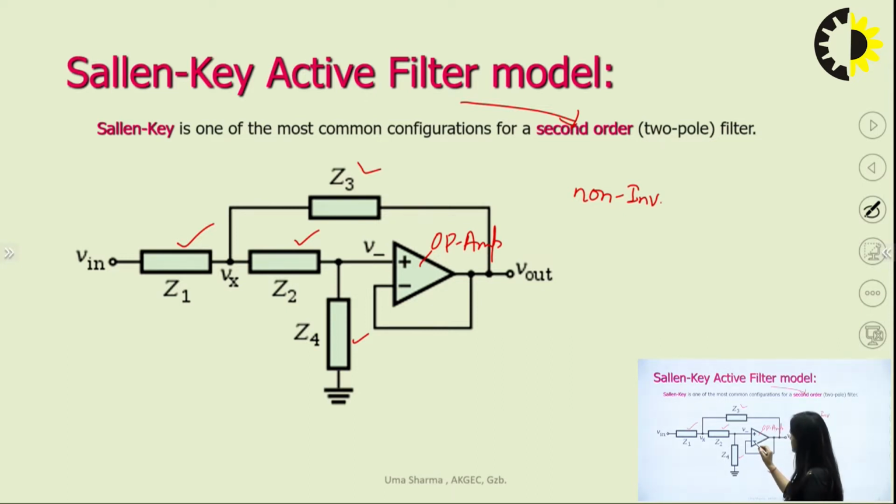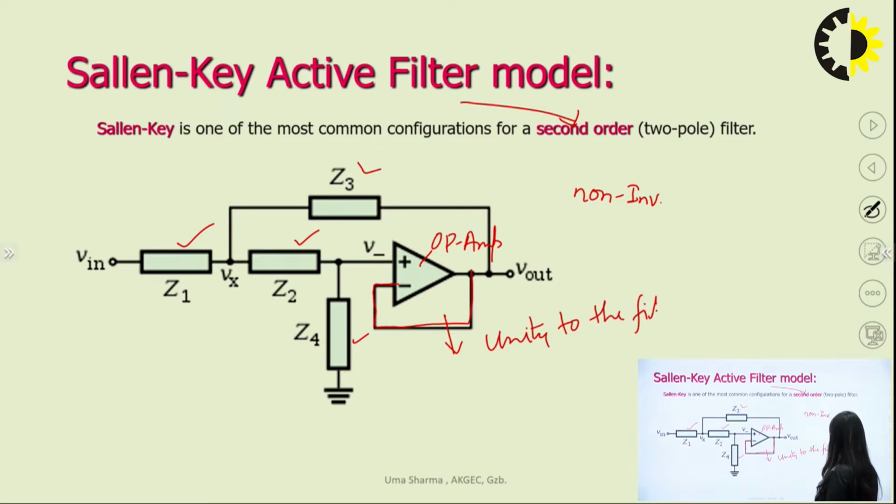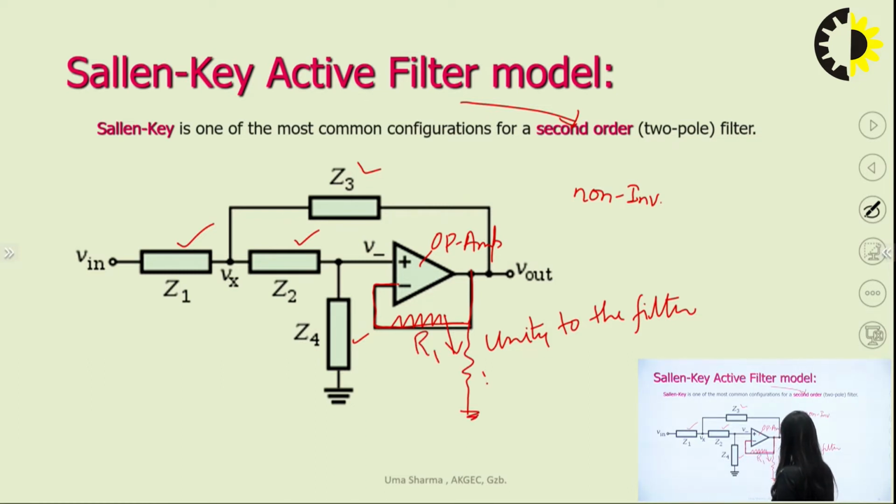Also you can see that a negative feedback is connected in the circuit. This will provide unity gain to the filter, and if we want to increase the gain of the filter, this can be replaced by this feedback R1, R2.